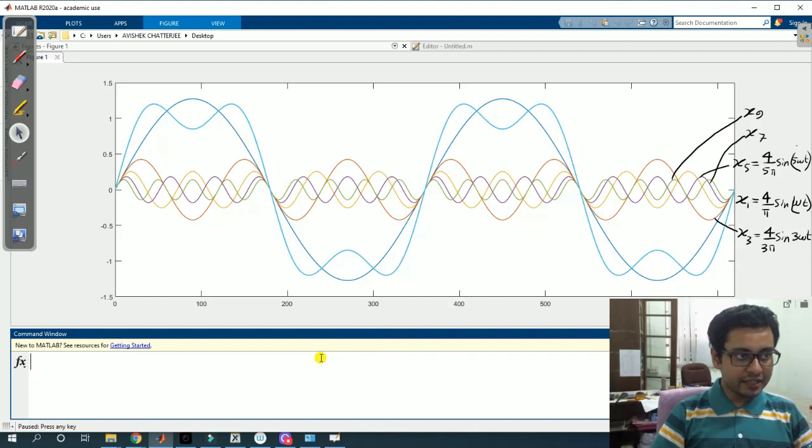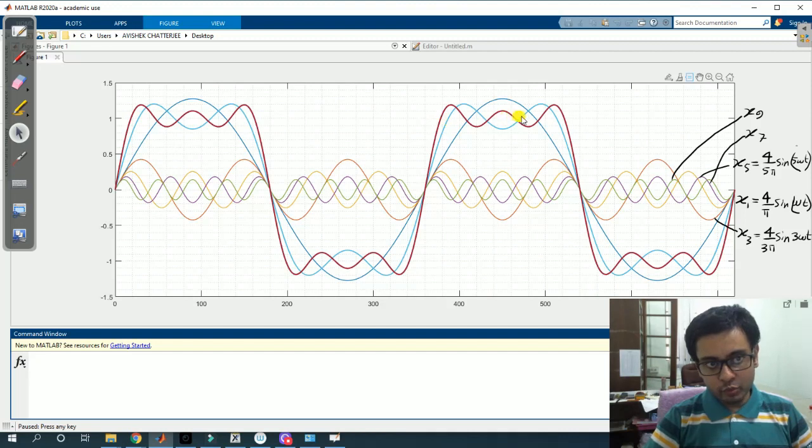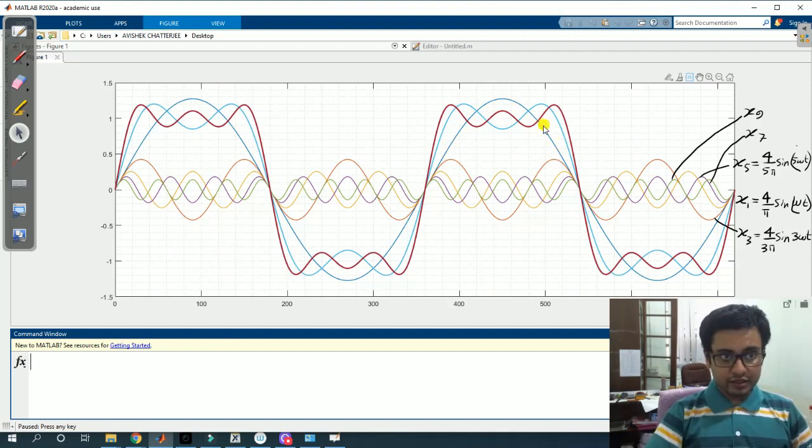That will look like this brown curve. Notice that this brown curve has a comparatively more flat top compared to x1 or sine omega t. Now this is x1 plus x3 plus x5.